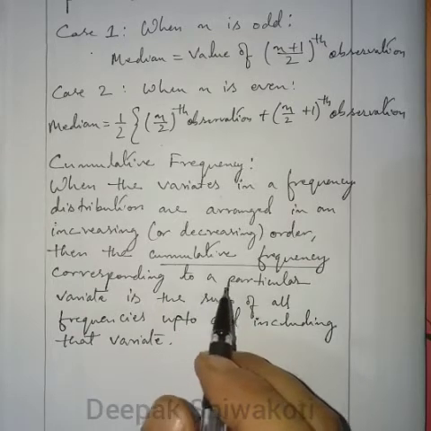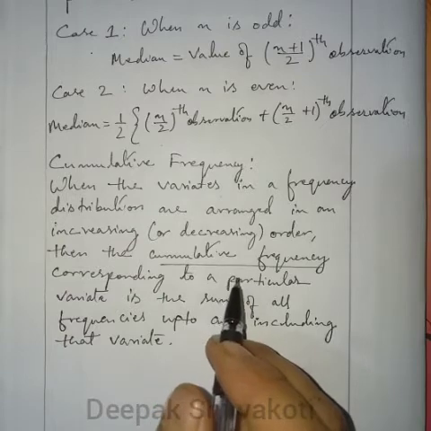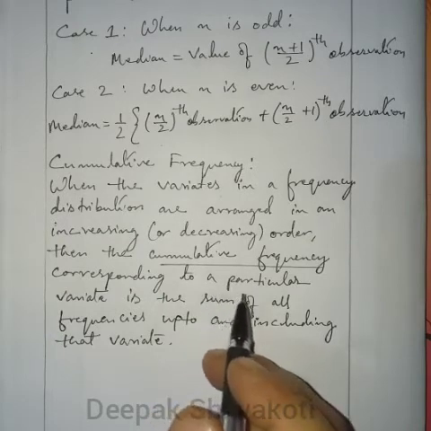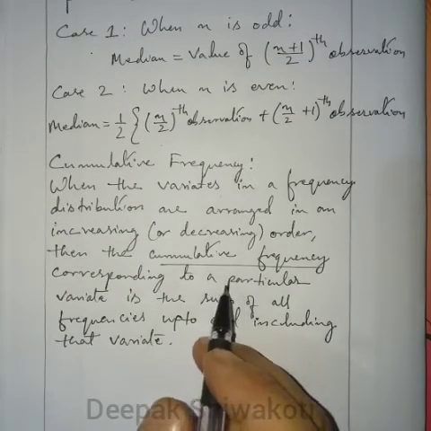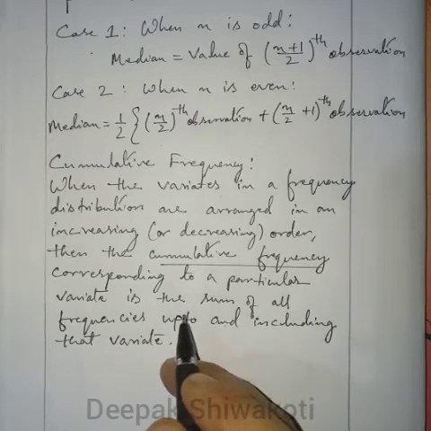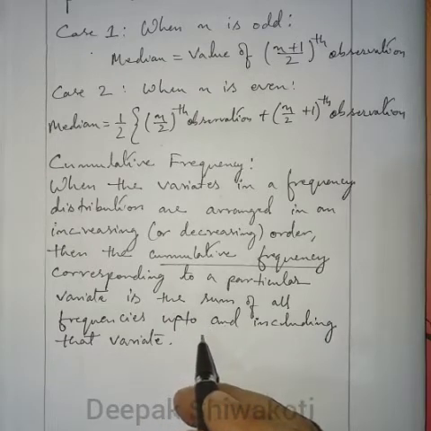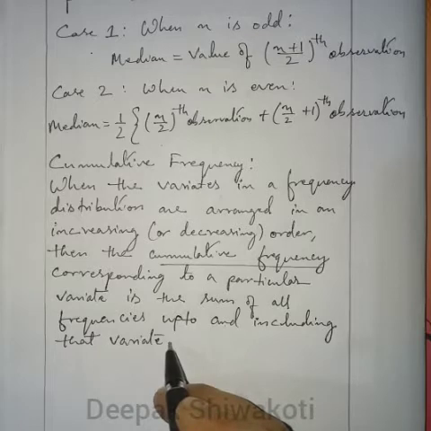Here we have understood that cumulative frequency is the sum up to and including that value of the variable.